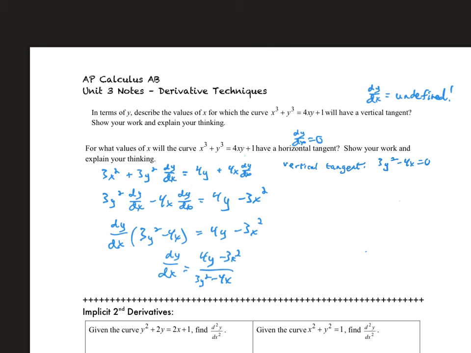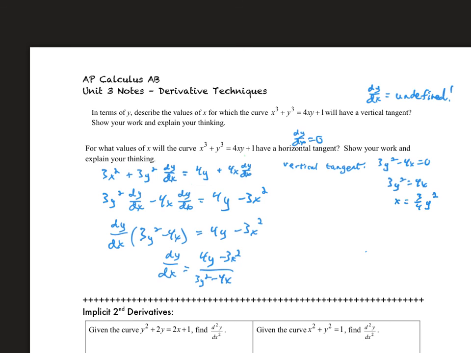Okay, well, solving this is going to be kind of a challenge. I'm going to solve this for x, actually. I'm going to solve this as an interesting little relationship here, where x is equal to 3/4 y squared. Okay, so what does this mean?